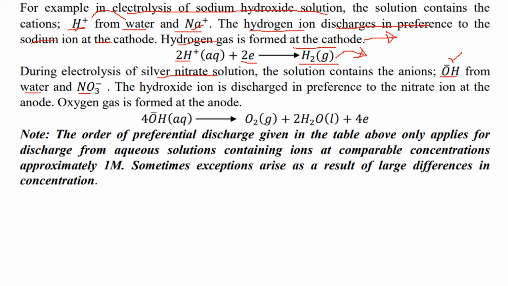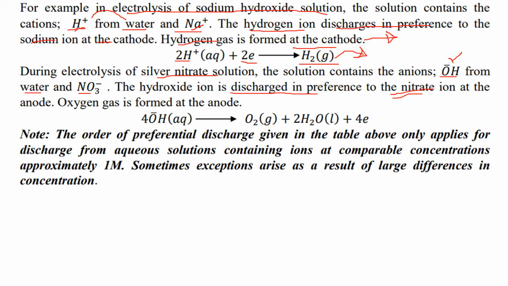So the hydroxide ion is going to be discharged in preference to the nitrate ion, because the hydroxyl ion is lower than the nitrate ion in the electrochemical series, just like I gave you in the sketch.